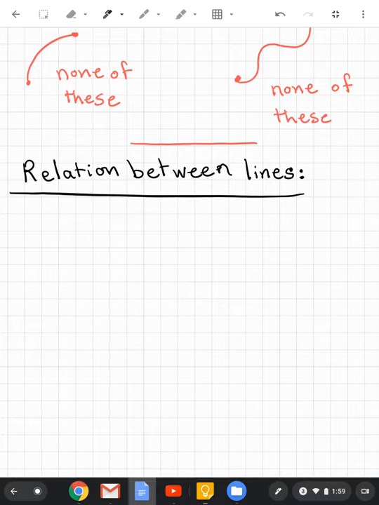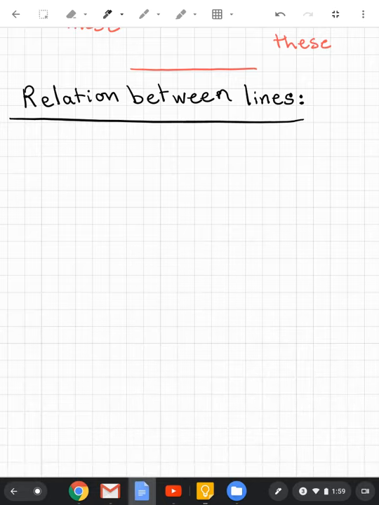If I have two lines like these, they are lines on a flat surface that never intersect, they never cut each other, like the railway lines. They are always beside each other, always at the same distance between each other, they never cut each other.